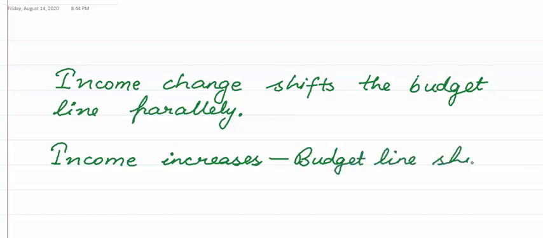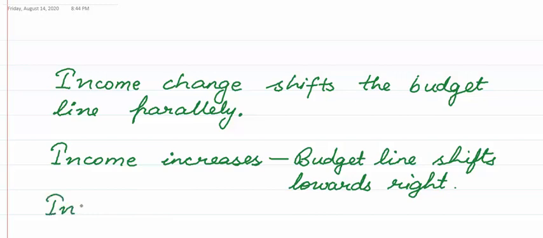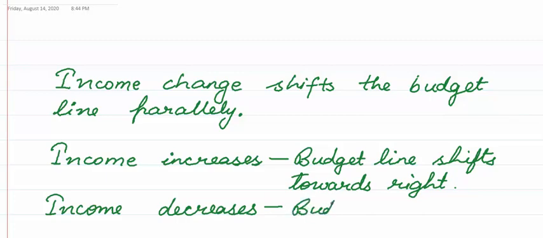Whereas if the income of the consumer decreases, the budget line of the consumer shifts towards the left hand side.